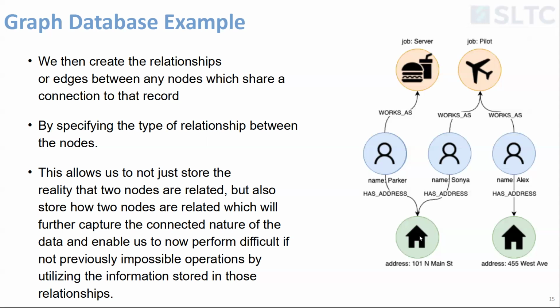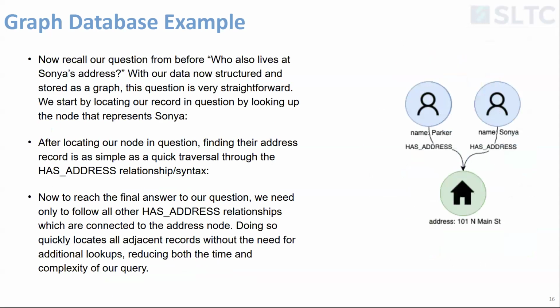Right? So this is the next step. Basically drawing the relationship and also trying to have some clarity about how these things are getting connected. So putting the words like works as and has address is also important here. Okay, so we got our chart done. Now what? Remember our question? Who else is living at Sonia's address? So we first located Sonia, went through the has address, and then we found the address, which is 101.